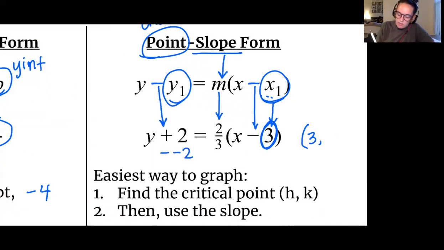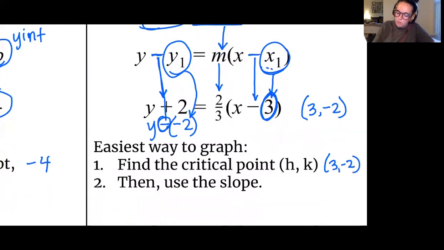Remember, a negative and a negative make a positive. So if the minus from the original formula is here, then the y1 is -2. So the point that we're going to start at, rather than the y-intercept, is 3, -2. And the slope that we're going to use is still 2/3.